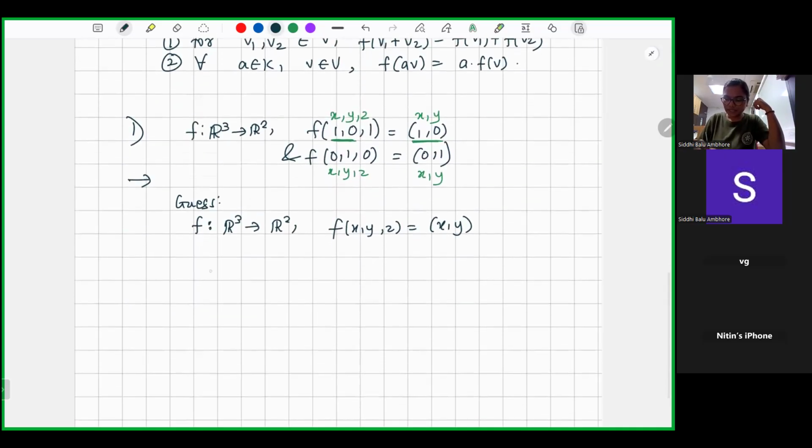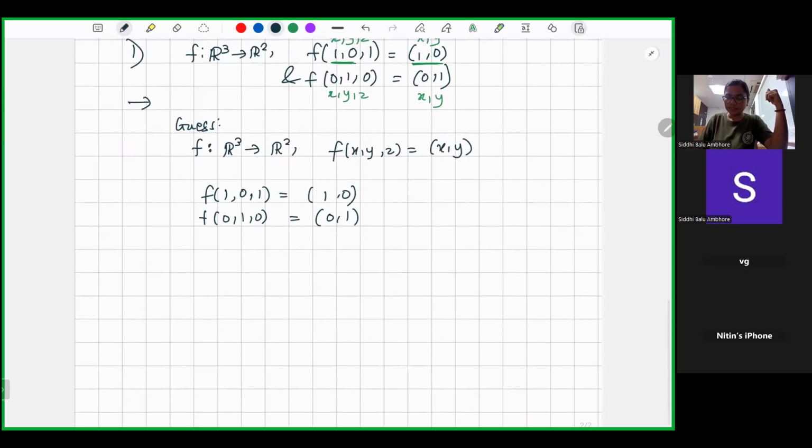Then we can check that F of (1, 0, 1) is (1, 0) and F of (0, 1, 0) is (0, 1). And in this case, this F is linear, right?